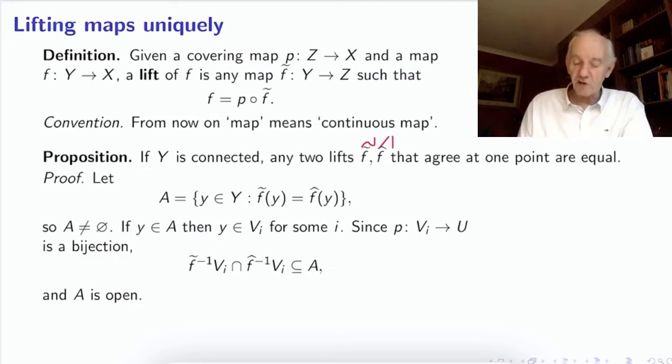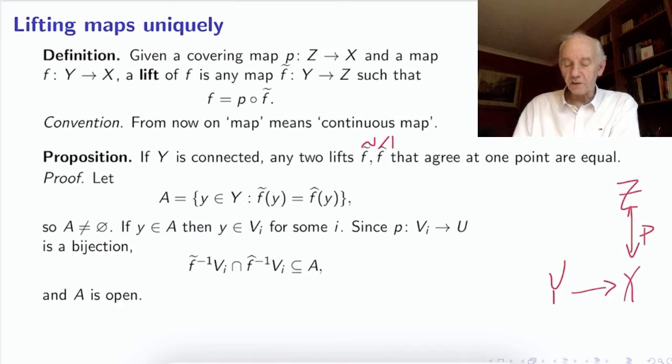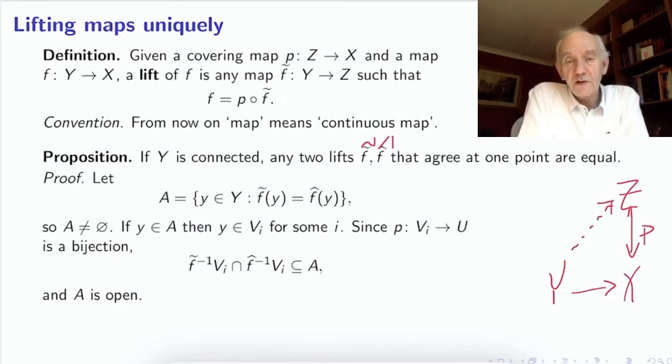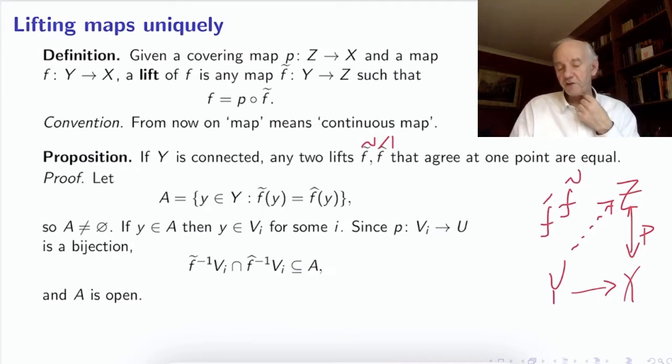So remember the diagram again. We've got Y mapping into X, and we've got a covering space Z with covering map P, and we have two lifts from Y to Z, namely F tilde and F roof. They both have the property that the diagram commutes.